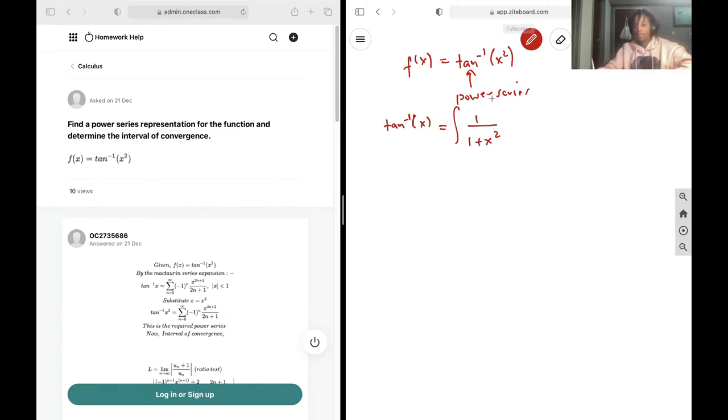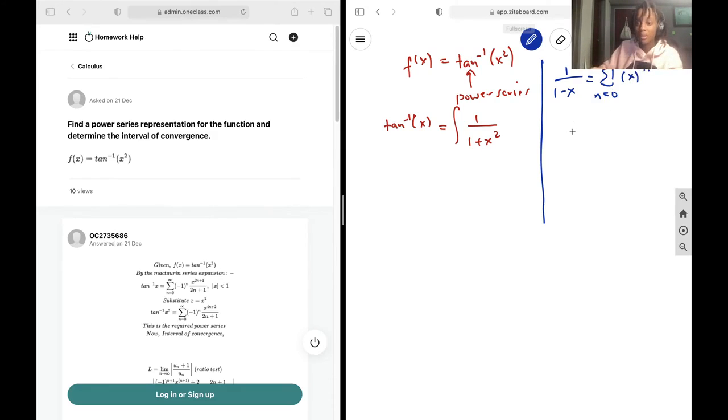as the inverse tan is equal to the integral of 1 over 1 plus x squared. And now we need to remember the cheat sheet, if you'd like to call it that, of 1 over 1 minus x is equal to the power series from n equals 0 to infinity of x to the power of n.